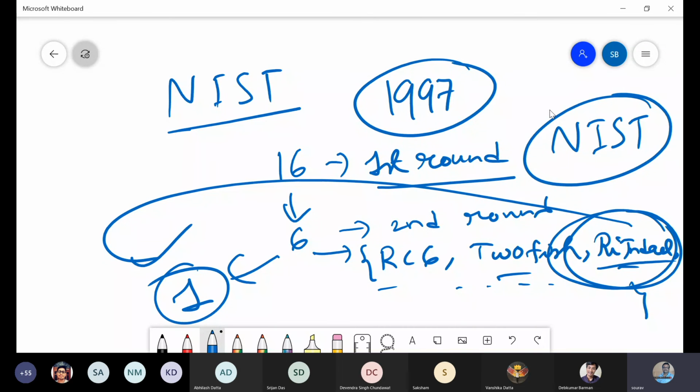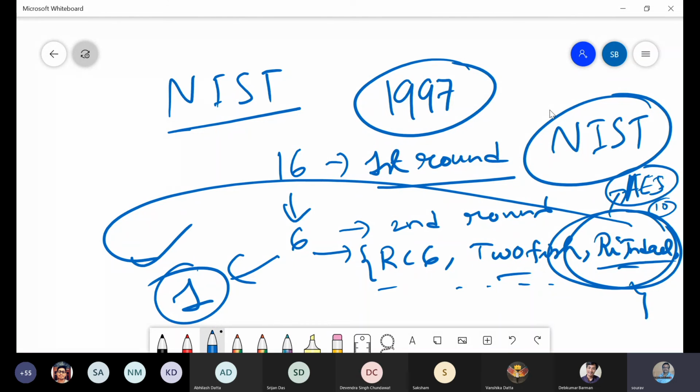Still today there is no attack on full round Rijndael, and this is our AES, Advanced Encryption Standard. It is still secure today. If you use the full 10 round AES, then you are safe. There is no harm in that.